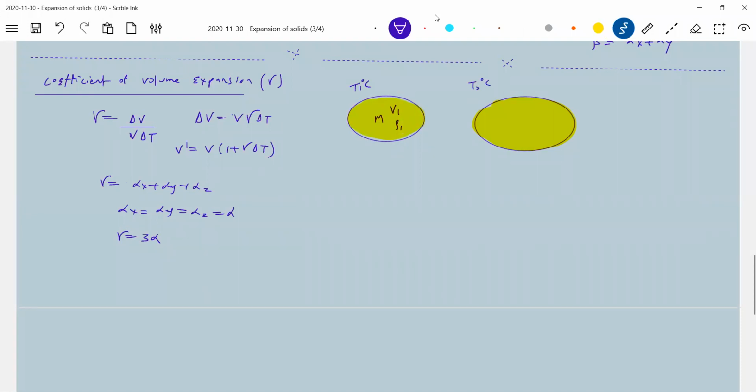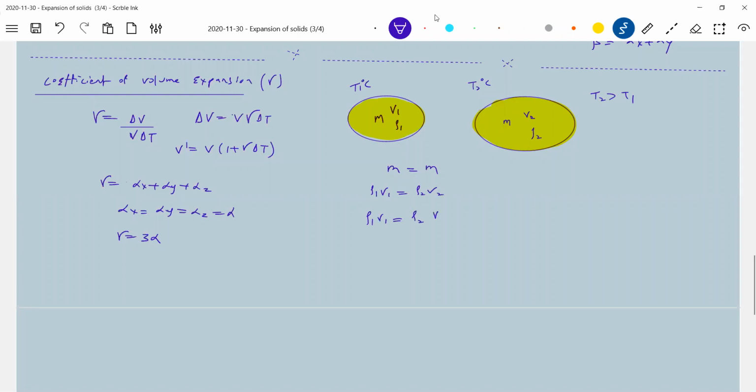First, let's start with mass. Will anything happen to the mass? No. T2 is greater than T1, so the volume will increase. So the density must decrease here. We'll begin like this: initial mass equal to final mass. So mass equals rho 1 V1 equals rho 2 V2.